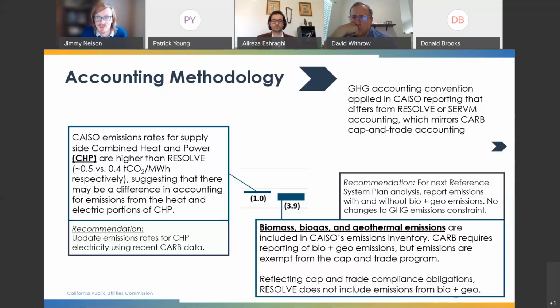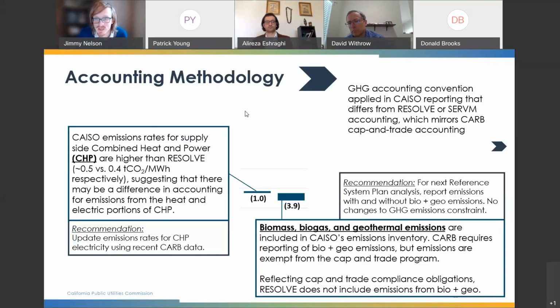The other difference, which is larger, is that the CAISO emissions inventory includes emissions from biomass, biogas, and geothermal. There's certainly no question that biomass plants emit carbon out of their stack because they're combusting plants and other organic material. But Resolve and SERVM are covering the scope of CARB's cap and trade program, which does not include those emissions as covered under cap and trade. And so we're really just looking at a different scope here.